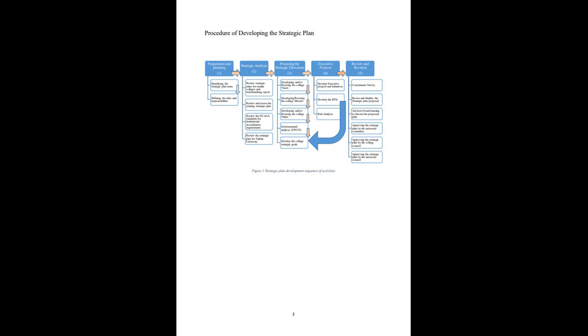Then we review and assess the existing strategic plan. In case you are in an organization that already has a strategic plan that was already applied before, you go and review it before you start the new one.